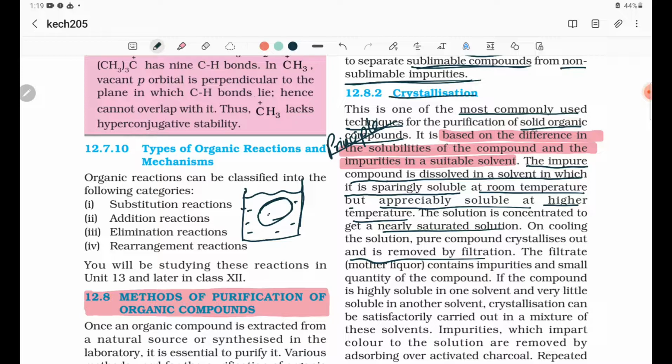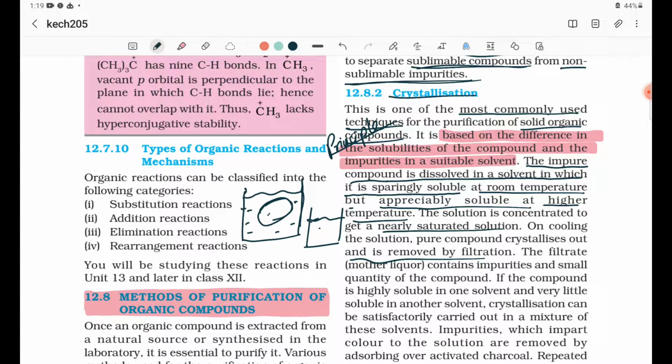So what is happening is that I am taking a solvent which is nearly saturated. Now the compound is sparingly soluble at room temperature, and at a higher temperature it is appreciably soluble.